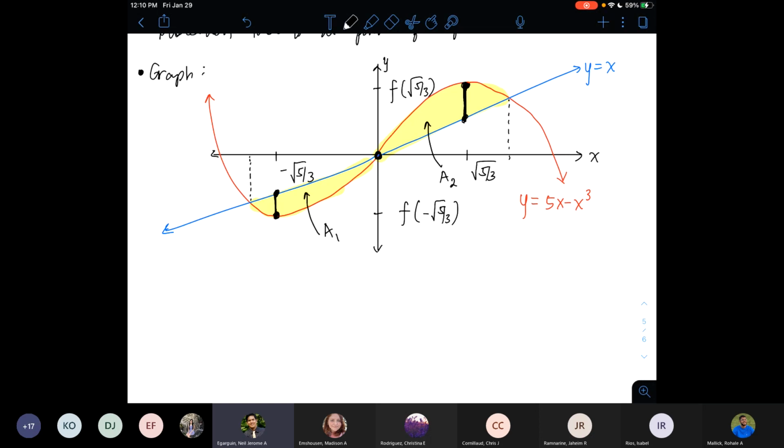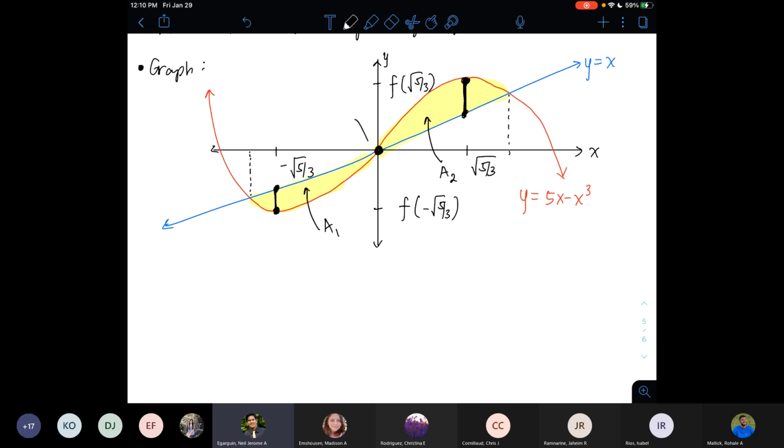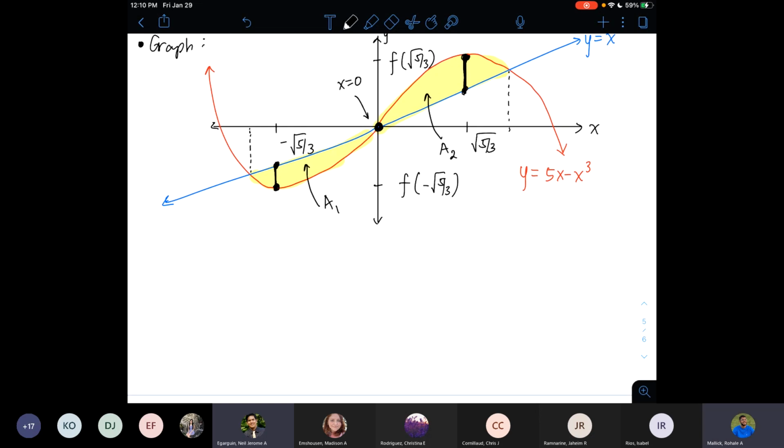Actually, we need 3 points. Those 3 points of intersection tell us the starting point for the region, the ending point for the region, and this crucial point where the top and the bottom function changes, right? So let's see, though it's a little bit obvious that according to my graph, this is x equals 0, right? And let's verify that that indeed is true.